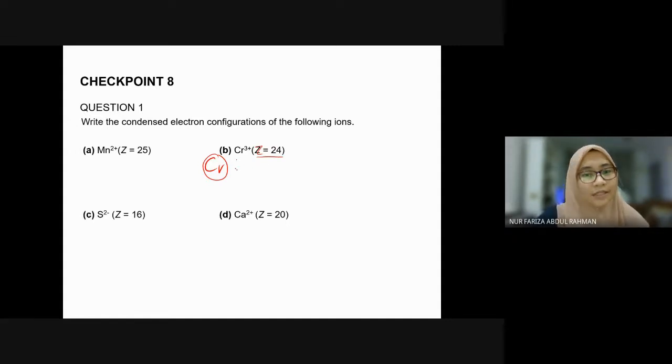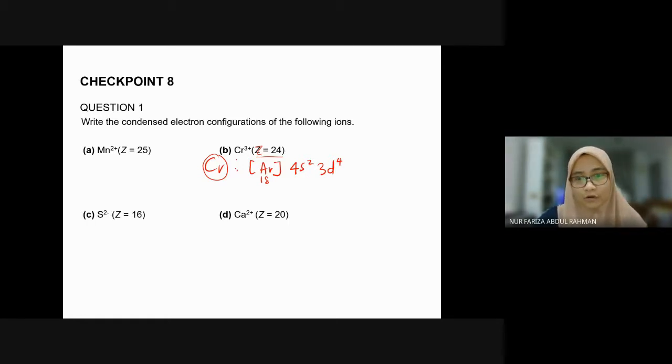Okay, alright, so let's start with the atom itself. So we have 24 kan? So argon dah kata 18. And then 4s2, 3d4 kan kalau ikut, but chromium, remember chromium is anomalous.